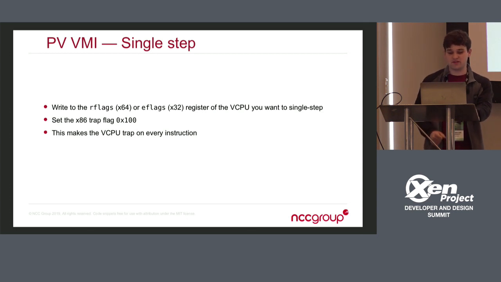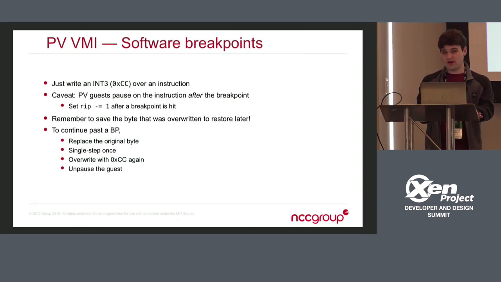You just set the monitor trap flag, which is 0x1000, in the flags register, so RFLAGS or EFLAGS, depending on the bitness of the guest. You set that flag on the vCPU that you want to enable single-step mode for, and it will cause the vCPU to trap on every instruction, which in debug mode means it will pause on every instruction.